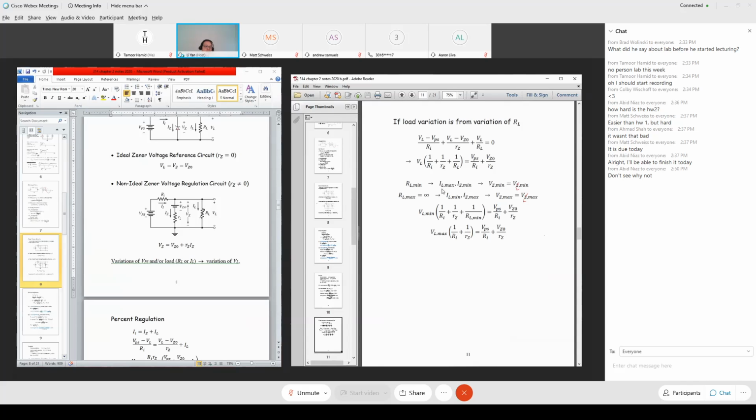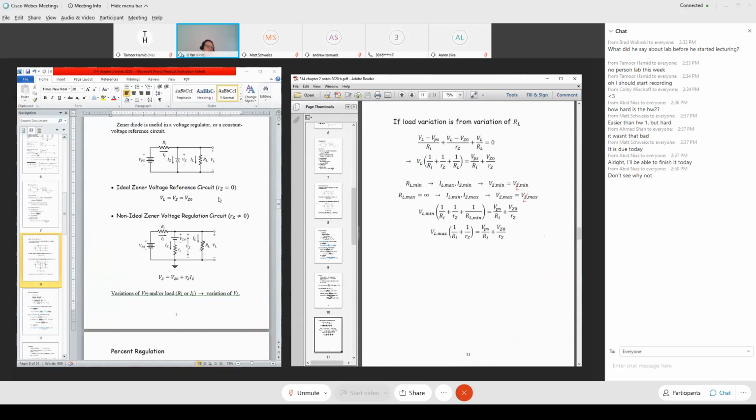So the load current is maximum, then the Zener current actually is minimum. When the Zener current is minimum, then the Zener voltage will be minimum. And the Zener voltage is exactly equal to the load voltage because this component and that component are connected in parallel. If the Zener voltage is minimum, then the load voltage is minimum.